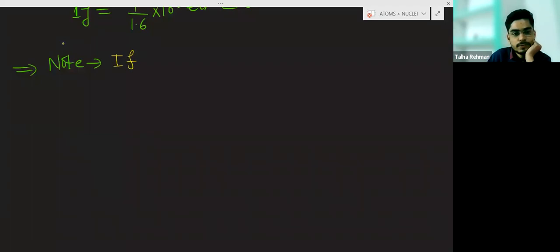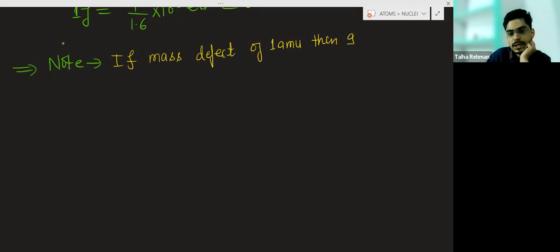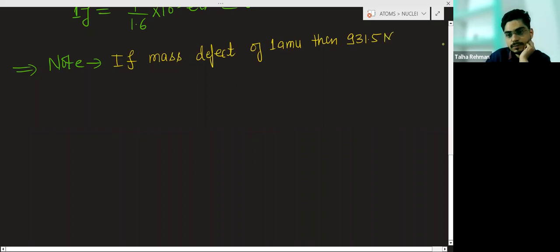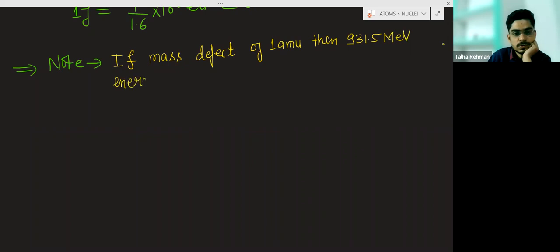If there is a mass defect of 1 AMU, then 931.5 mega electron volt energy is releasing.